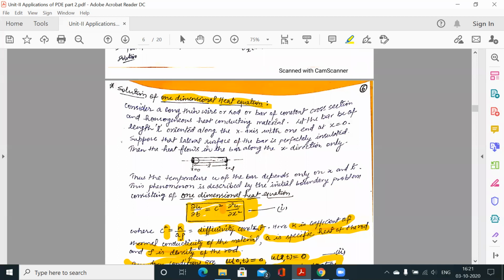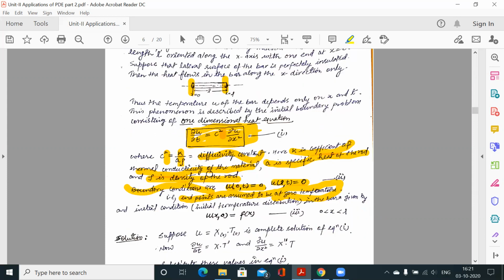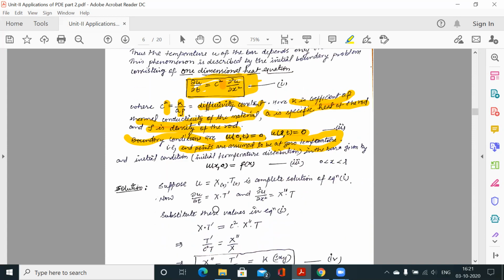So at x is equal to 0 and at x is equal to L, the temperature is 0 in the rod. These are the boundary conditions, and they are given to us.